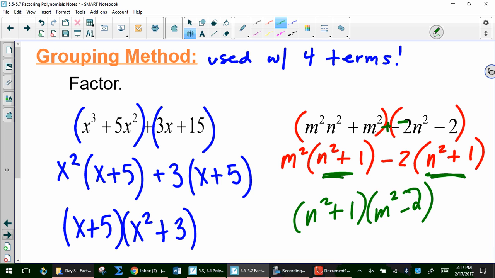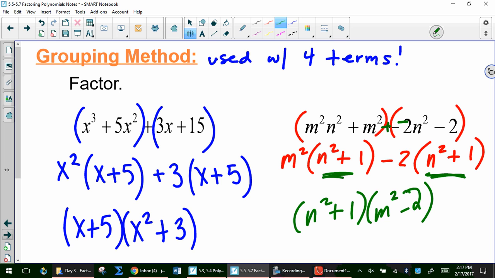The grouping method. How many of you have seen this before? We did this briefly. Well, we did this step, but we didn't do this one. Oh, yeah. It was different. That's variable substitution.